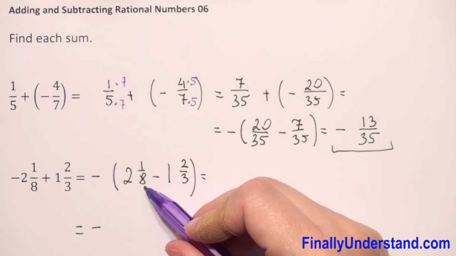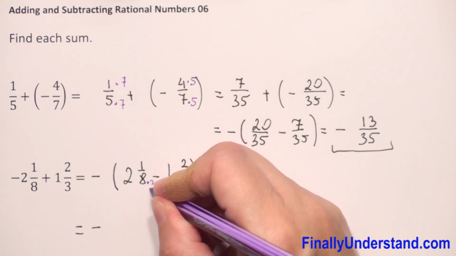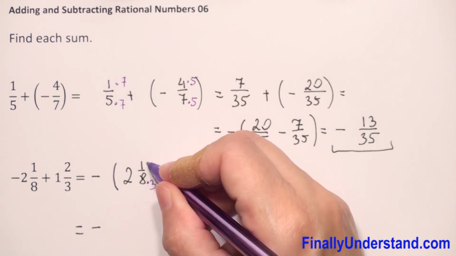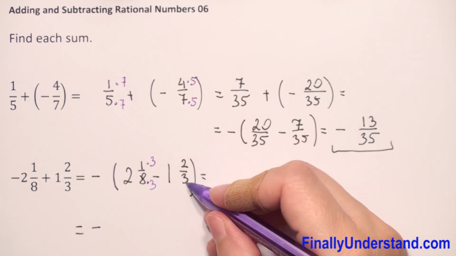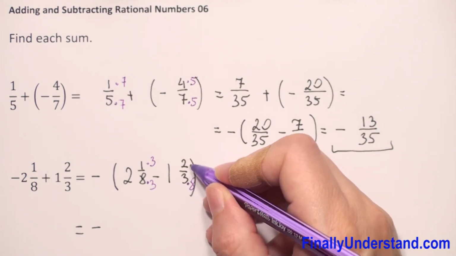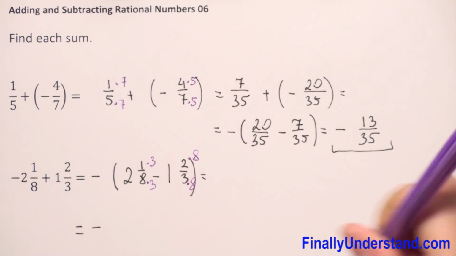So first denominator we need to multiply by 3 to get 24. So whatever I did with denominator, I have to do the same with numerator. And the second fraction, in denominator we have 3, so I have to multiply by 8. Whatever I did with denominator, I have to do the same with numerator.